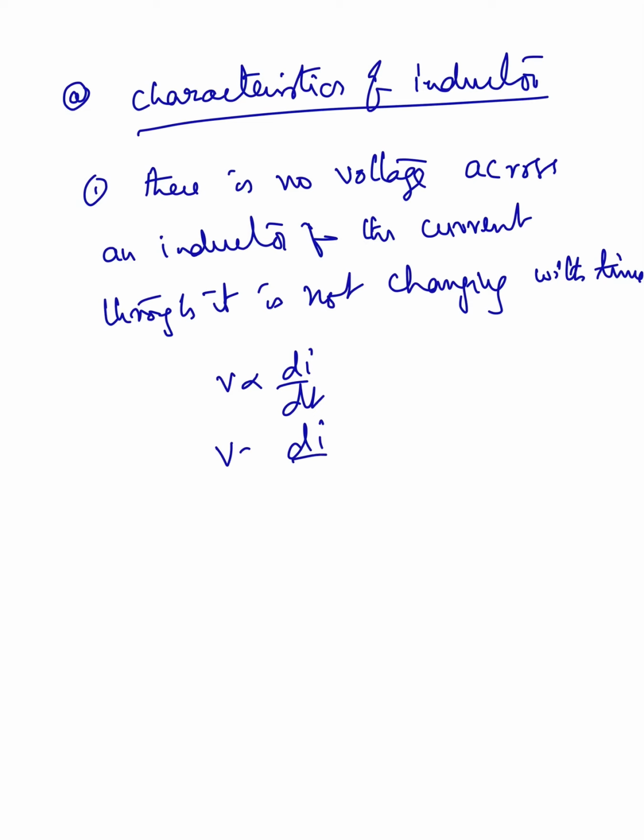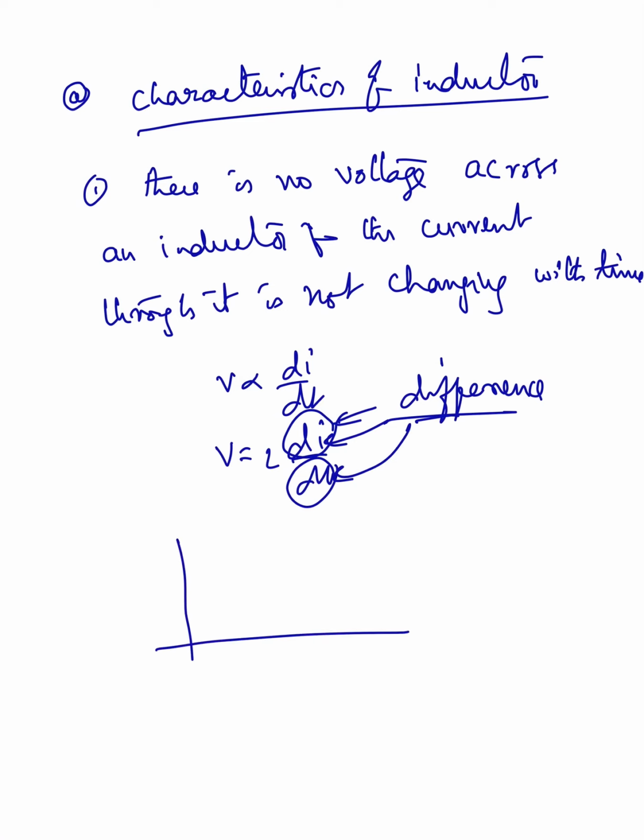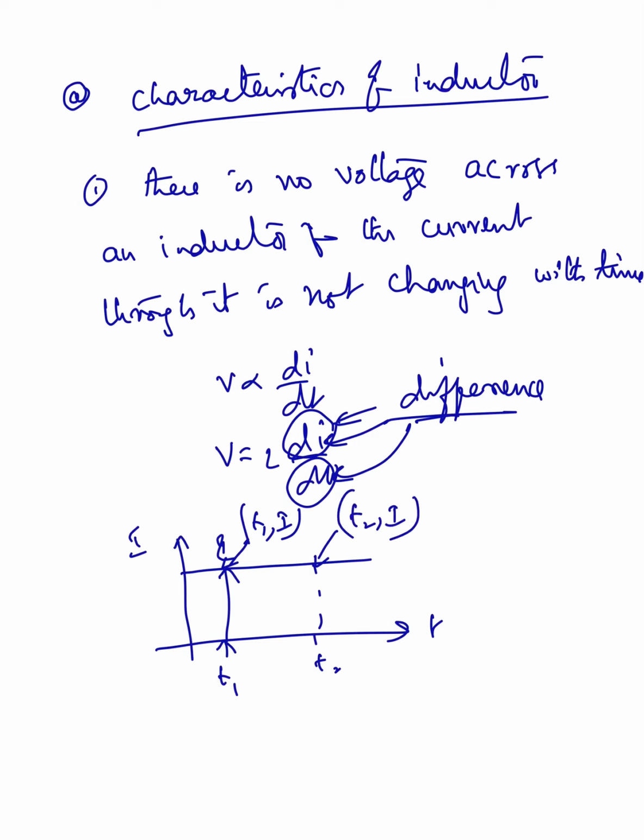this is V equal to L di by dt. What is d here? d means differentiate, the difference in current with respect to time. Suppose this is time, this is I. If I is constant, for time t1, t2, I is I. Here the point is t1 comma I. Here the point is t2 comma I. So V is L di by dt, the change in current.